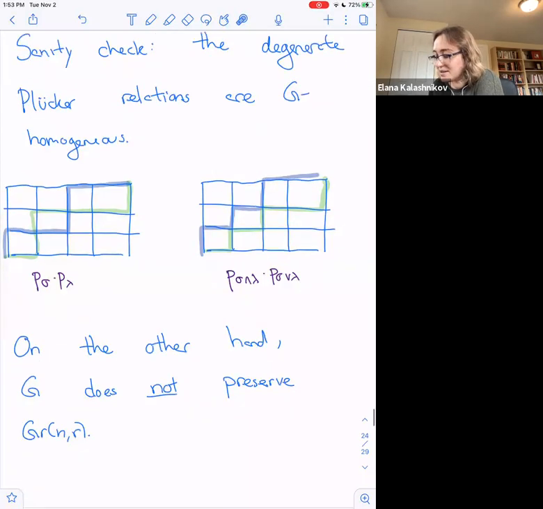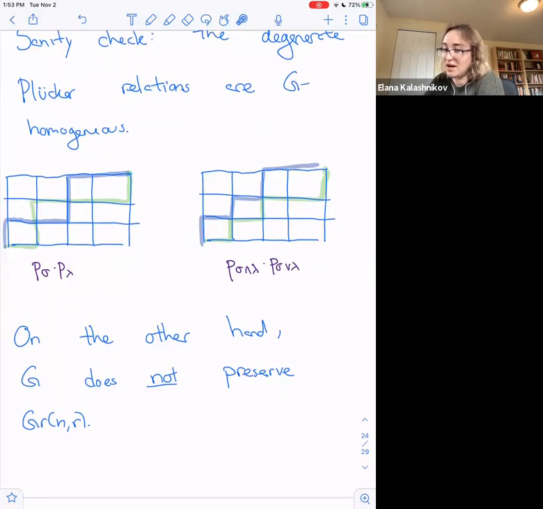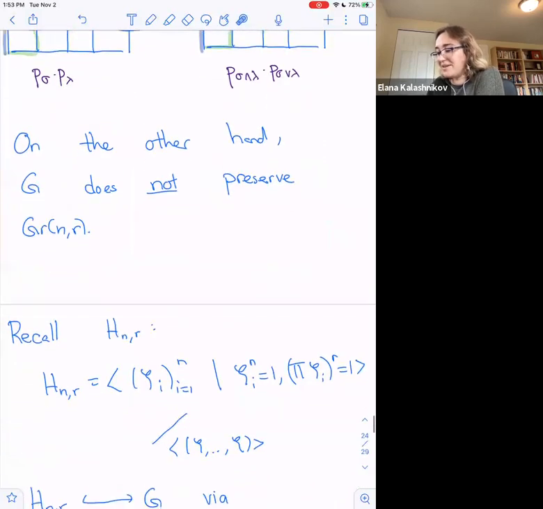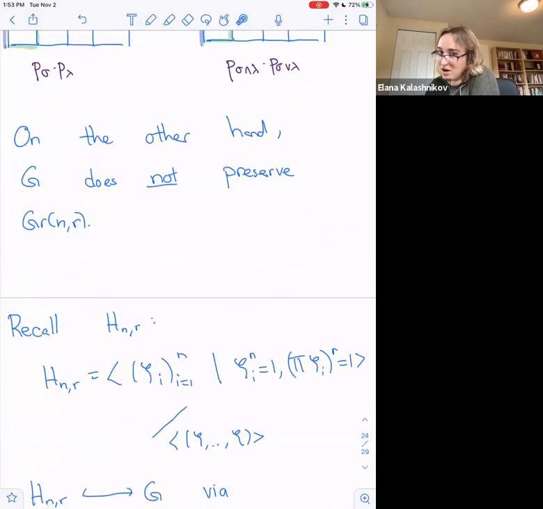On the other hand, G definitely does not preserve the Grassmannian. If you add back in the extra monomials that you've forgotten, G no longer preserves those equations. And so now we need to think back to the group that I started my talk with.